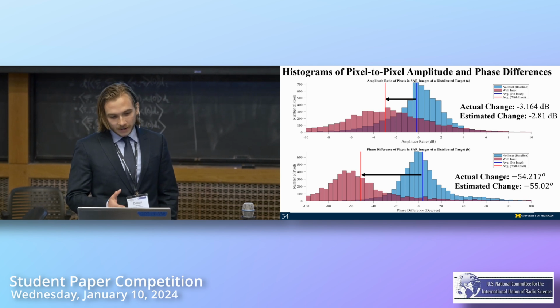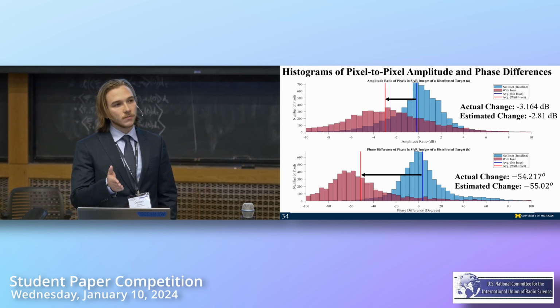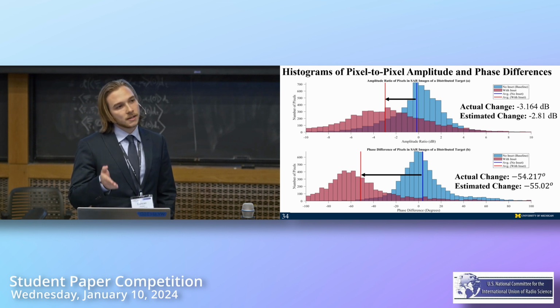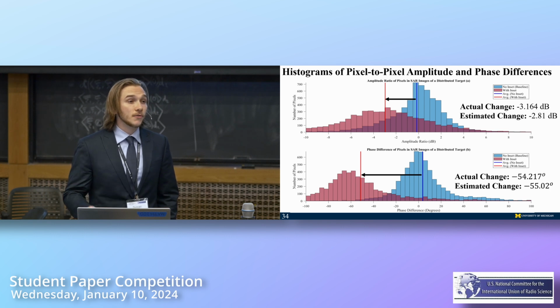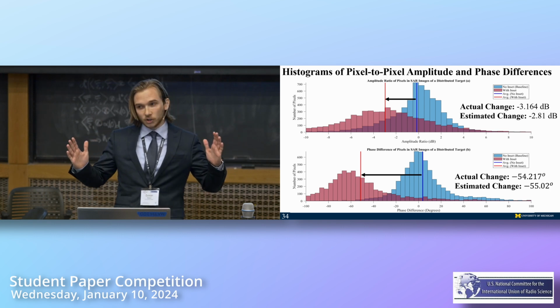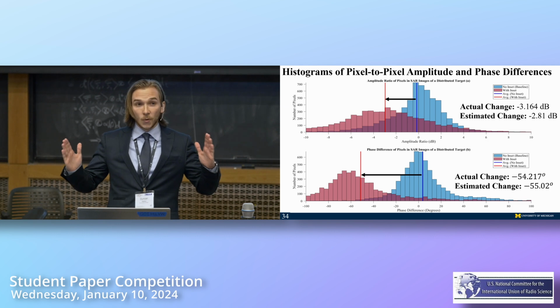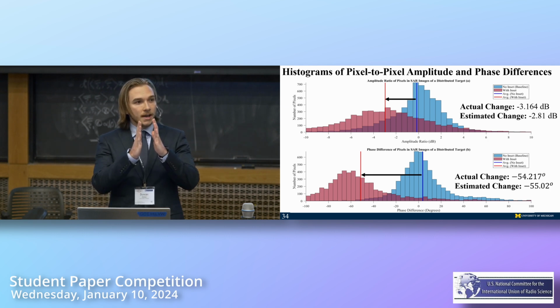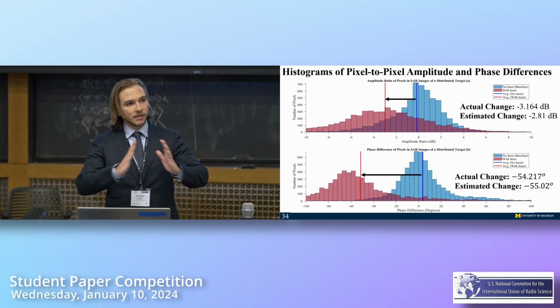In fact, the accuracy with which you can determine your channel imbalances is proportional to your SNR, right? So if you have higher SNR, then this distribution is going to be more tightly distributed, and as SNR decreases, it's going to spread out.